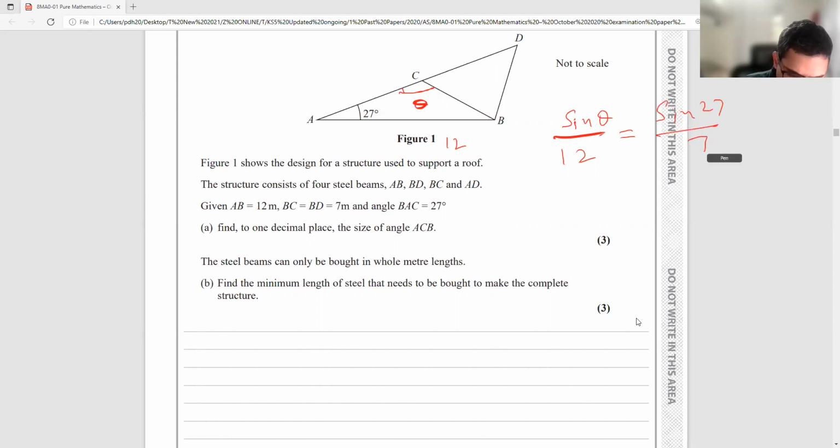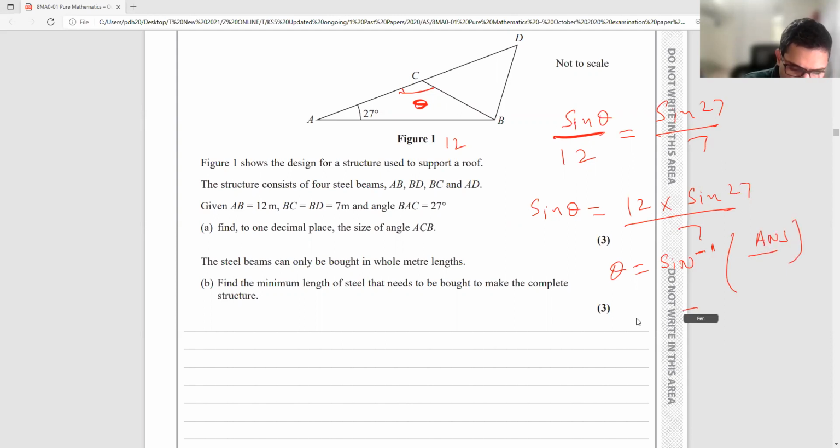So you do the cross multiply, we get sine theta is equal to 12 multiplied by sine 27 over 7. We don't need to use the calculator so many times. We try to use it one time only, or you press the answer button. And what answer, Sheena, do we get from the calculator? 51.1 degree. Is this the final answer, or is this not the final answer?